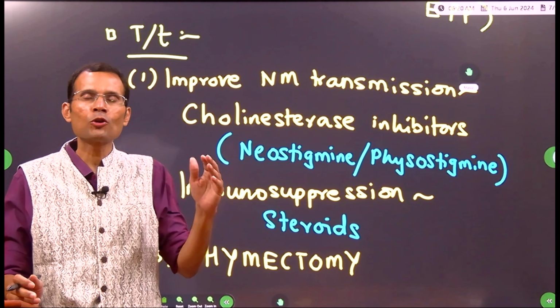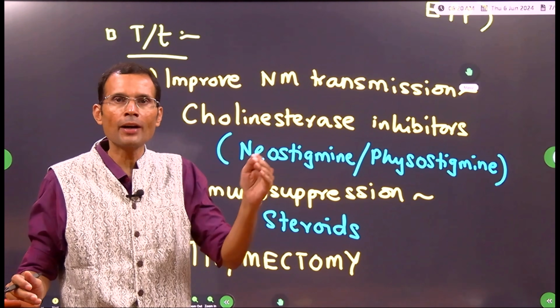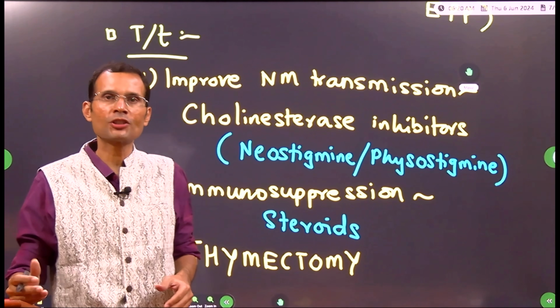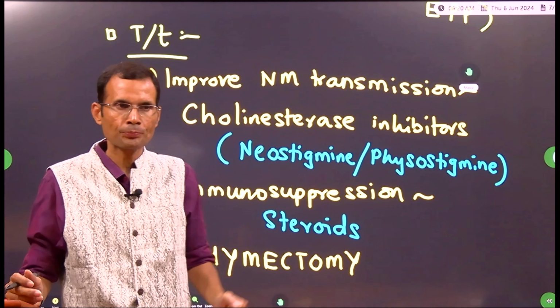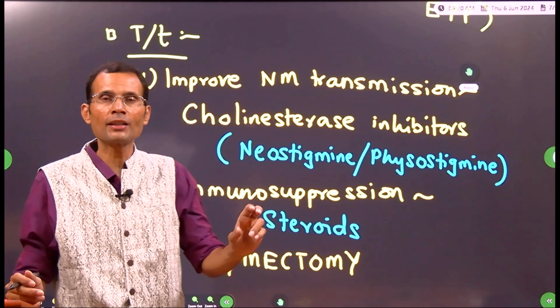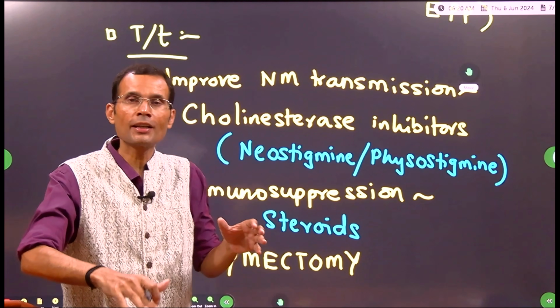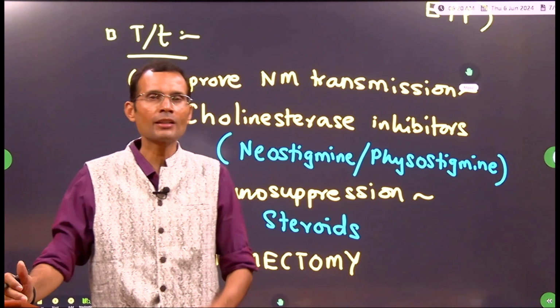One, it will compensate for that decreased quantal release of acetylcholine. We saw just now that with repeated stimulation, the acetylcholine release goes on decreasing. The reduced number of quanta are released. So if the acetylcholine stays longer in the neuromuscular junction, it will compensate for that decrease in the release of acetylcholine.